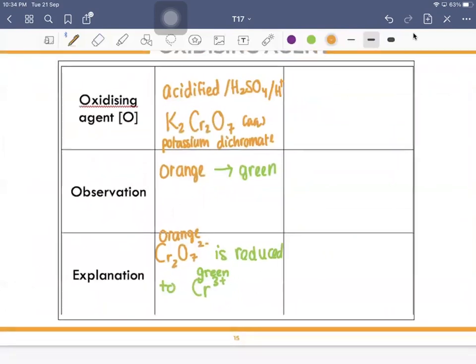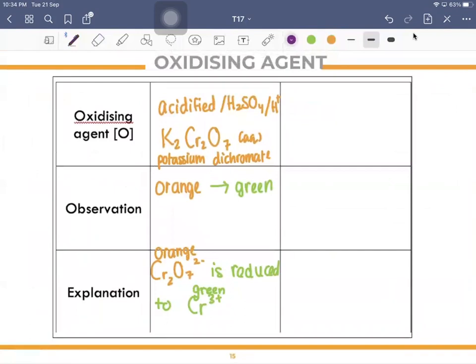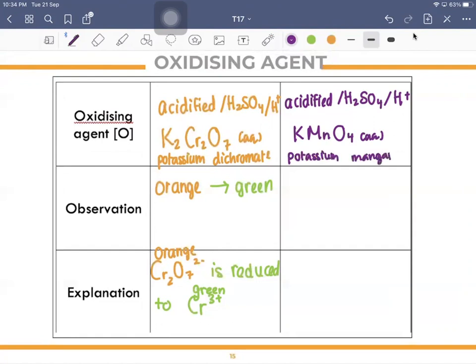As for the other oxidizing agent, it's the same thing, it has to be acidified. Either you write acidified, H2SO4, or H plus, with KMnO4 aqueous. That's potassium manganate. Acidified potassium manganate will oxidize alcohol, but itself will be reduced. You will see a color change from purple to colorless.